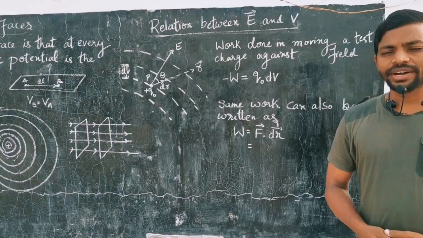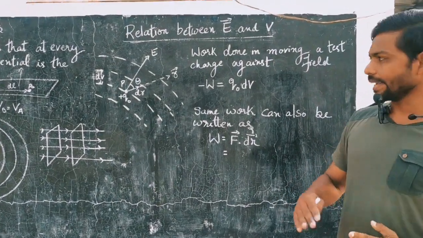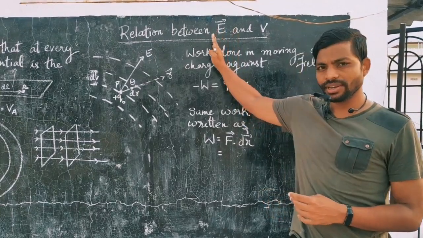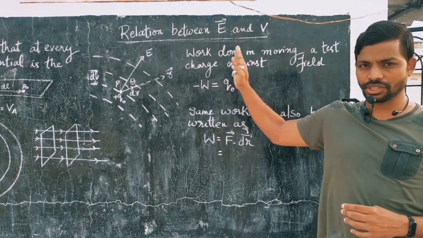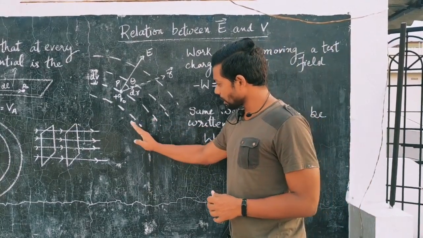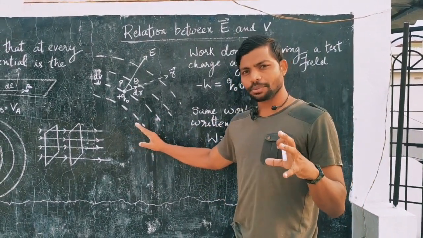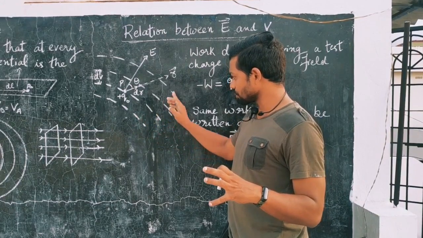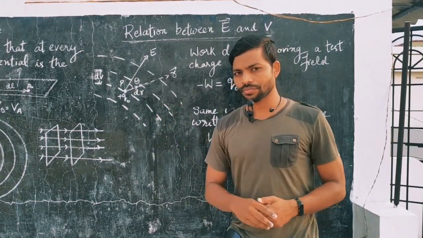Friends, now we'll try to understand the relation between E and V, electric field intensity and potential, right? So let us consider a family or a series of equipotential surfaces. You can see here, all these are equipotential surfaces.